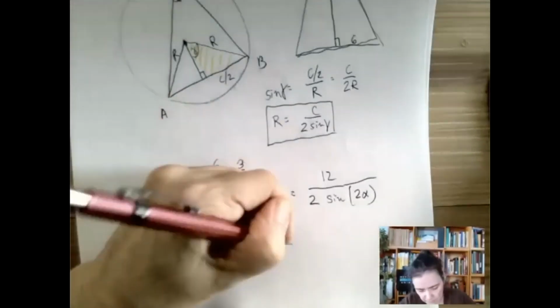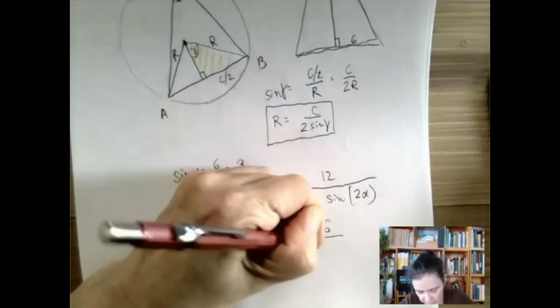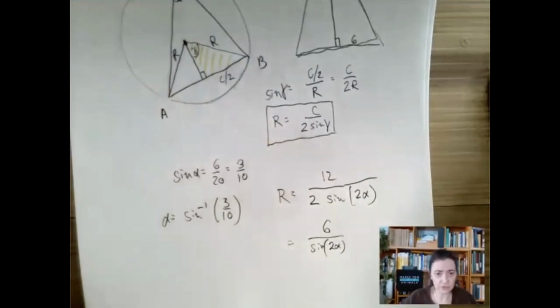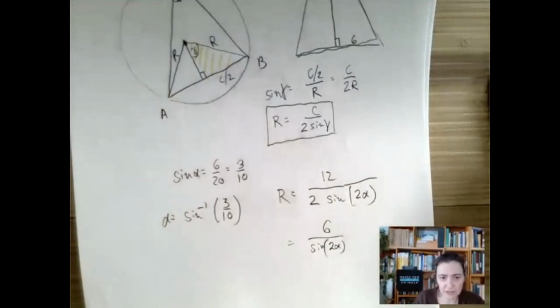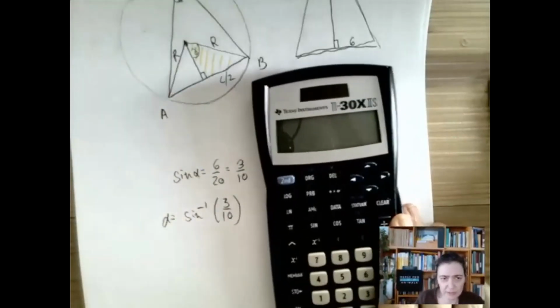I think we can just punch in the whole thing. Let me just simplify here. Sine of 2 alpha. And while we're at it, I want to show you a neat little trick with the calculator. It's a time waster to clear things and re-enter, especially if you require precision. There's a way to make the calculator remember important numbers. You can store up to 5 numbers in this calculator.